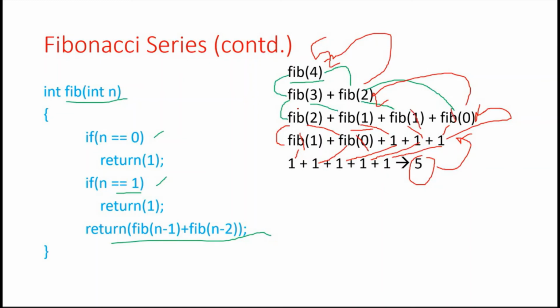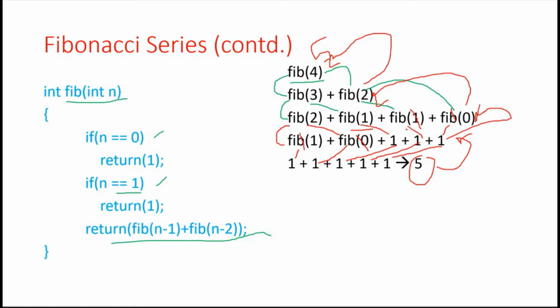Here, this is the zeroth level, this is the first level, this is the second level, third, fourth. We have gone 0, 1, 2, 3, 4, fourth level, and we are going to the upper level.